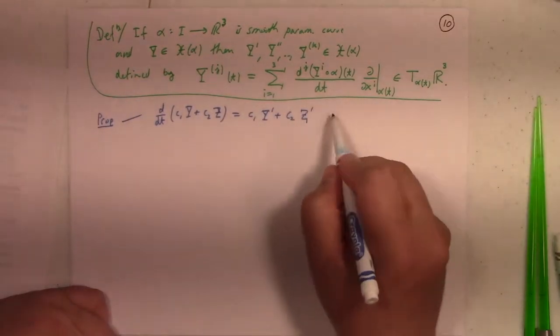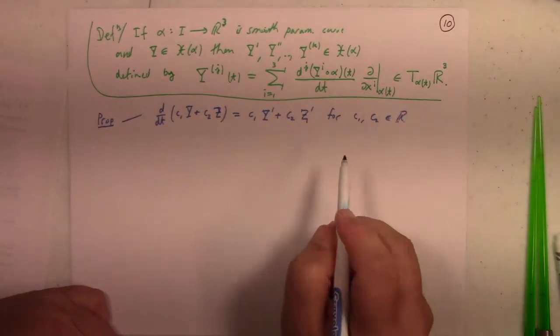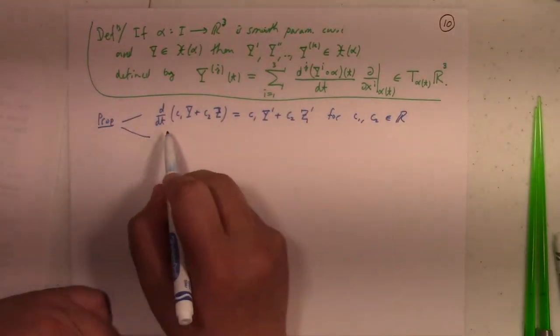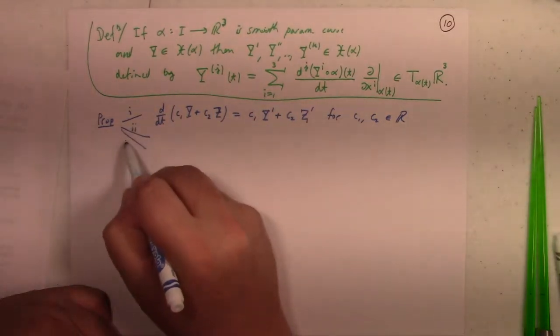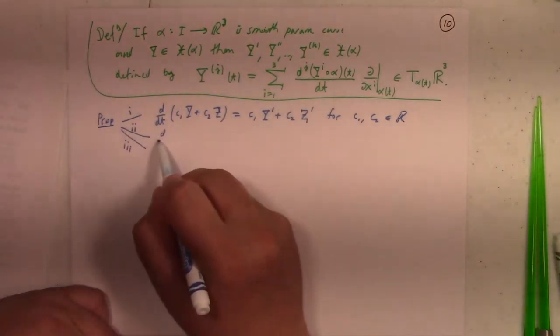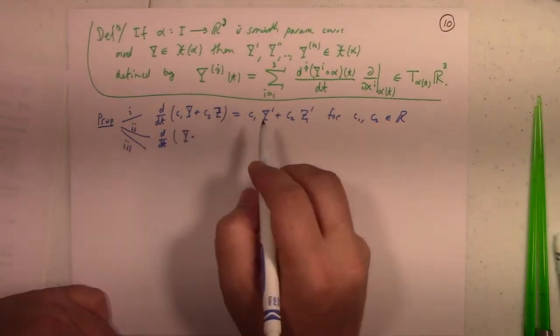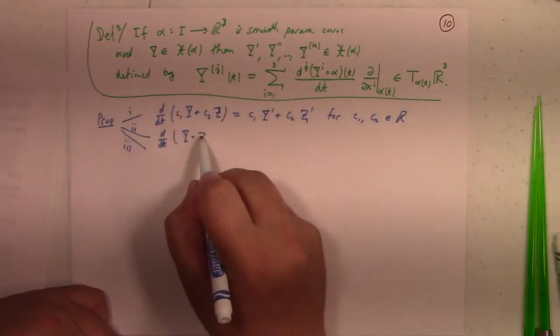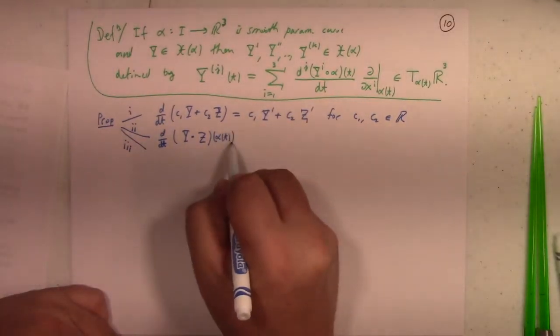For constants C1 and C2. Also, here's 1, 2, 3. So I think you know what comes next. The derivative of a dot product of two vector fields along a curve. So to be pedantic, this is at alpha of t, all right?